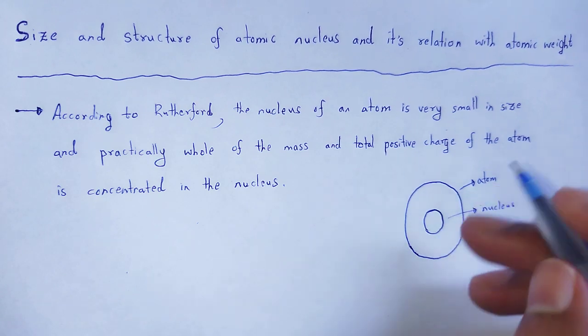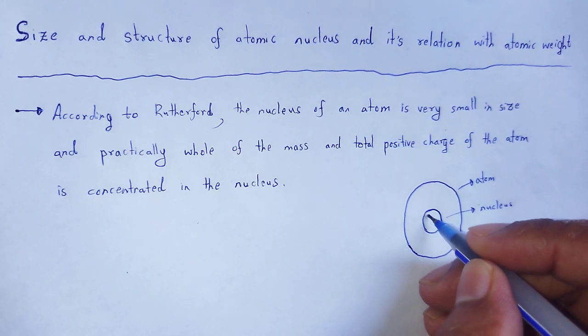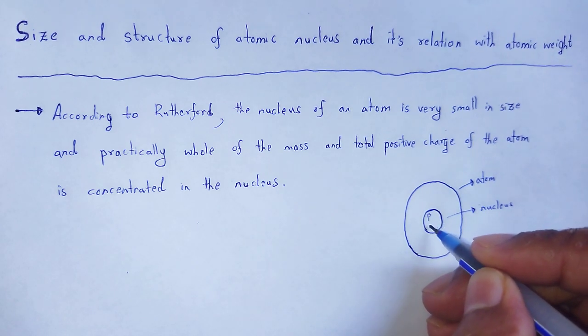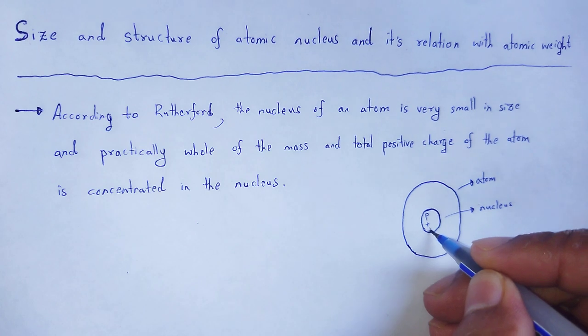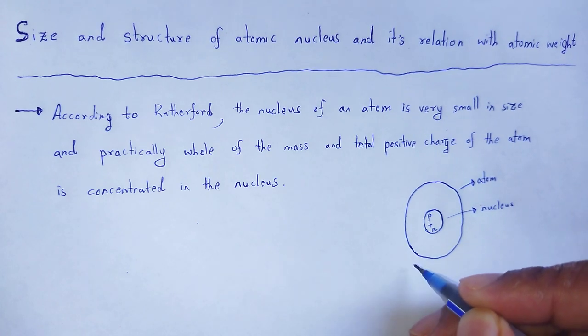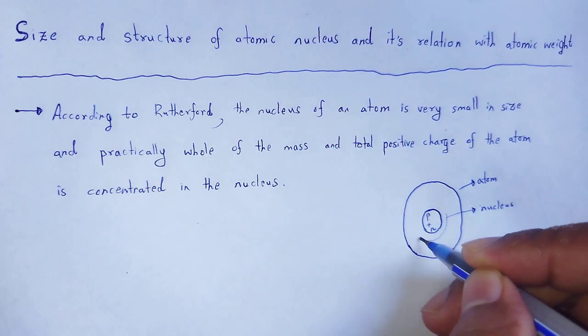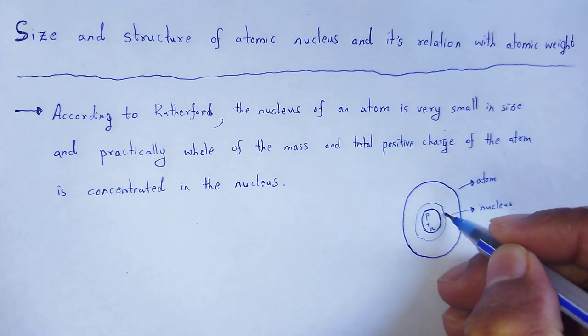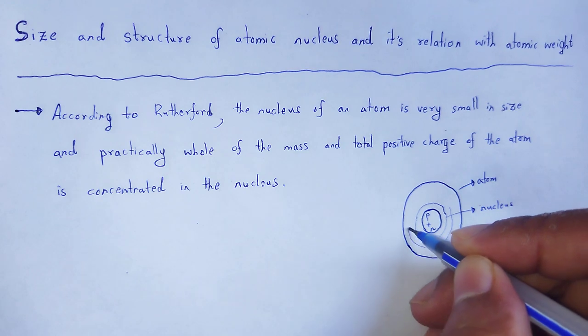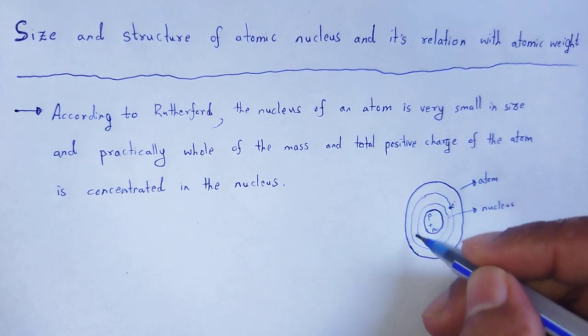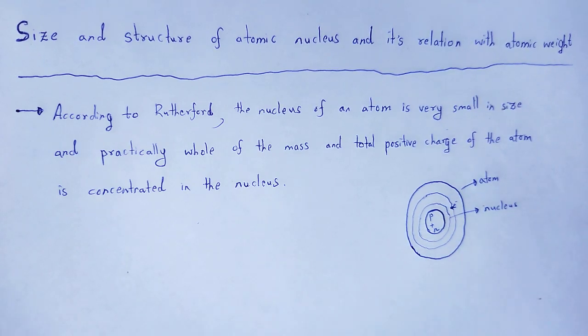In the nucleus, there are protons and neutrons. Around the nucleus, electrons are revolving in orbits.